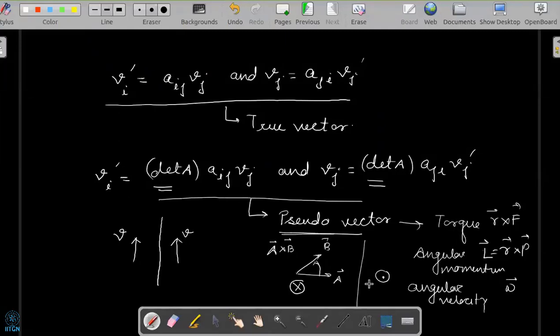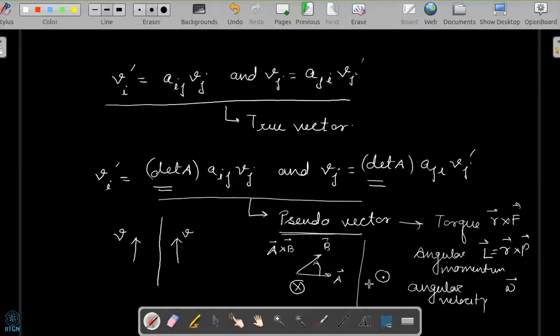Torque, moment, angular momentum, then the magnetic field, magnetic dipole moment, all these are pseudo vectors. Wherever there is a cross product of two vectors, because it gives the idea of a plane, in mirror image reflection it will become opposite. So all quantities defined by the cross product of two vectors are pseudo vectors.